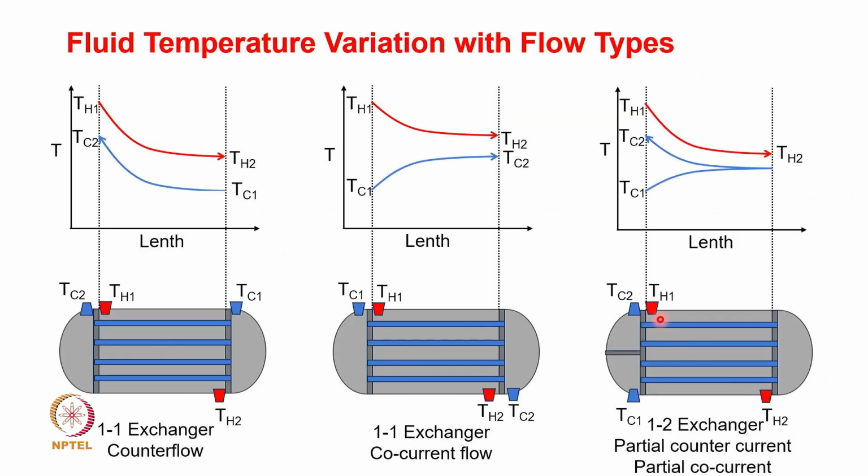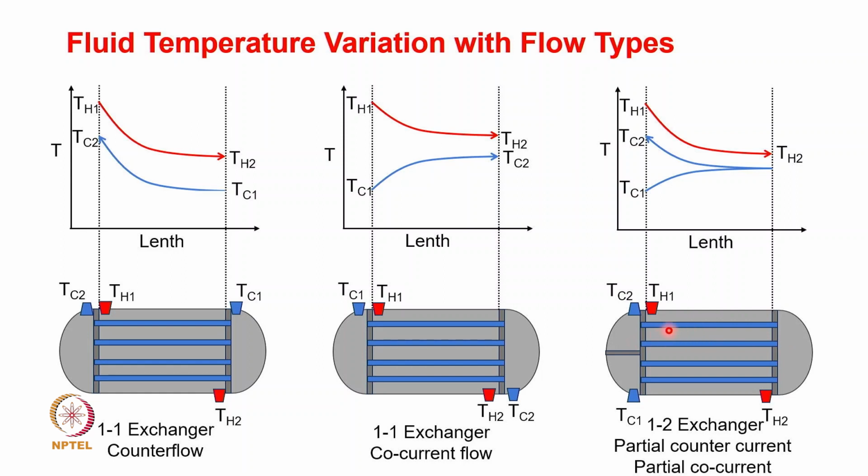Okay, so now let's see how it works. This is the shell side fluid. It enters at TH1 and of course exits at TH2. And you can see TC1 enters here and flows through this direction, reaches here, actually takes a turn and goes in this direction.